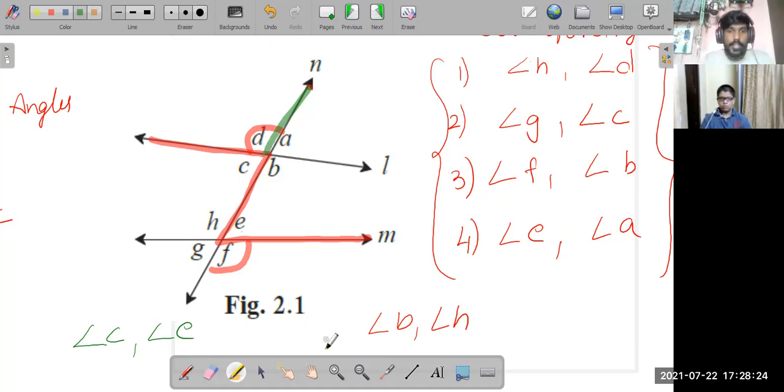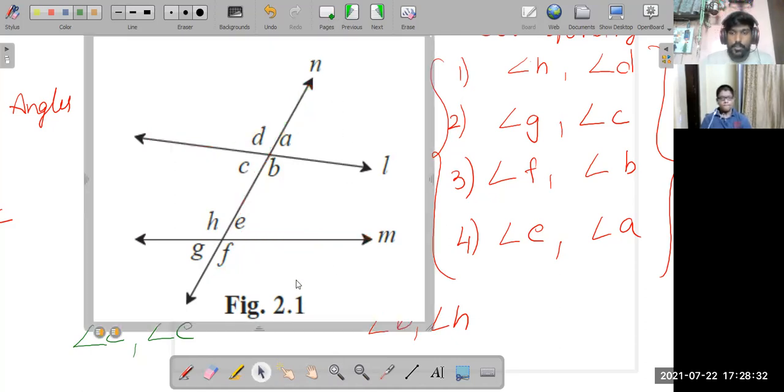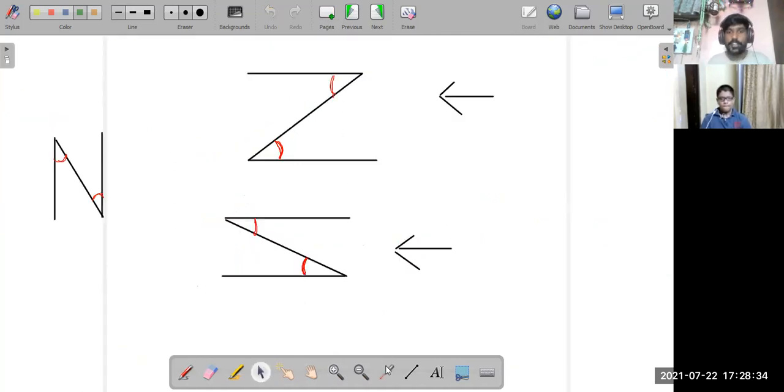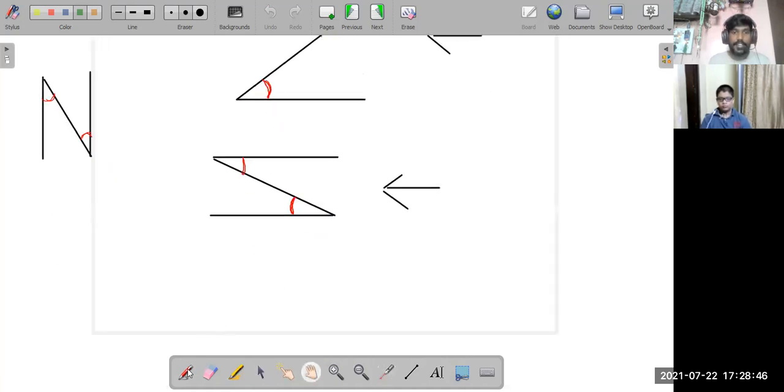Okay, one thing I forgot to mention is the definition of alternate angles. As I just said, angles which are formed at the corner points are the alternate angles. But the actual definition of alternate angles is angles that are on opposite sides.